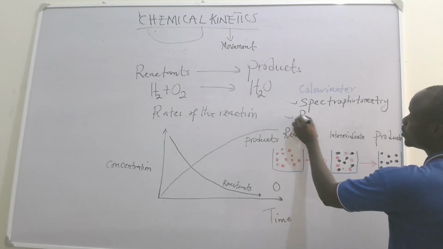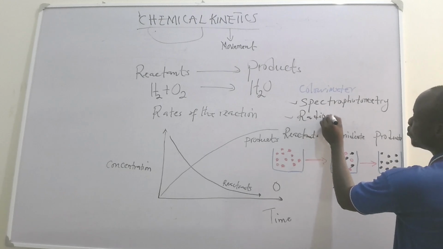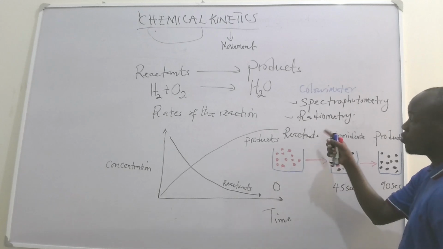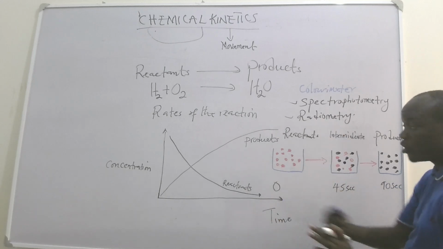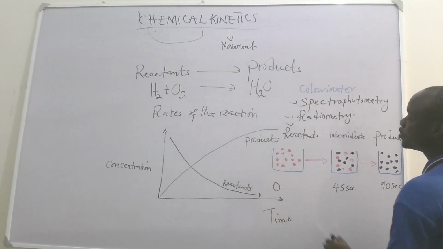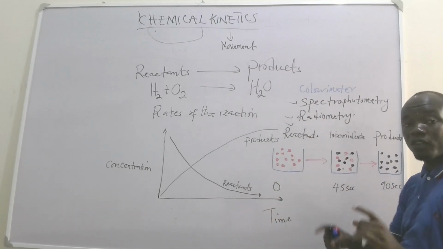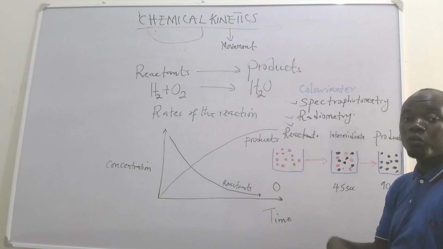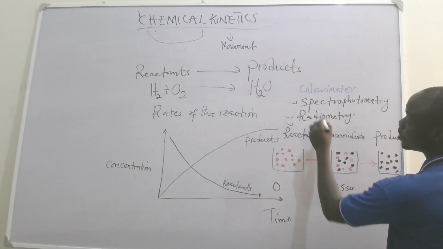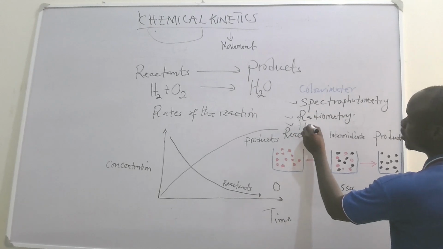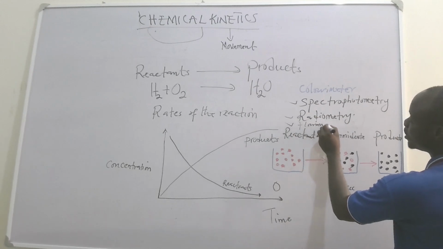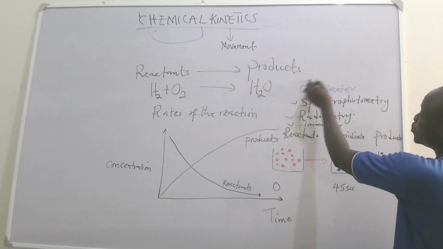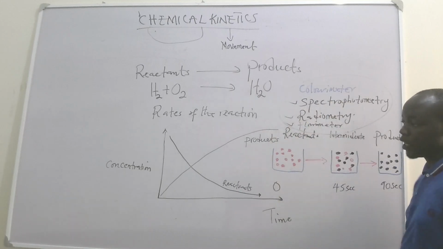And we can also use radiometry. Radiometry is another method of measuring the rate of the reaction, based on the radioactive nature of the reacting particles or of the product molecules. And we can also use a fluorimeter. So these are some of the methods that you can use to measure the rate of the reaction.